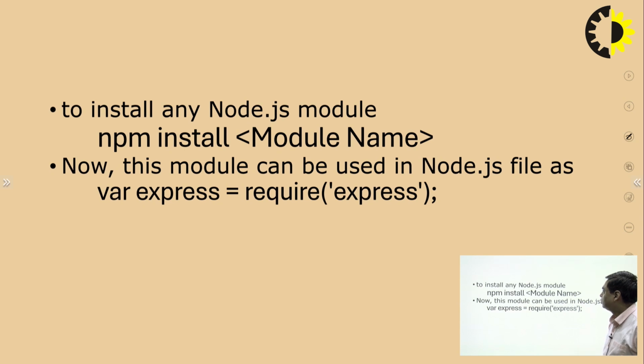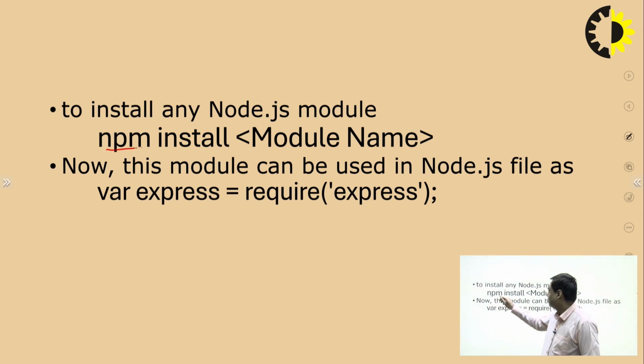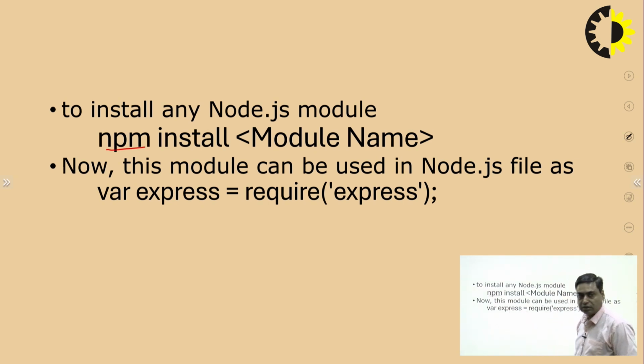Next, to install any Node.js module, first we write npm. npm should be written in a command line prompt, then one space, then the keyword install, then give the name of the module. For example, assume the express module, which is used to develop web applications in Node.js.